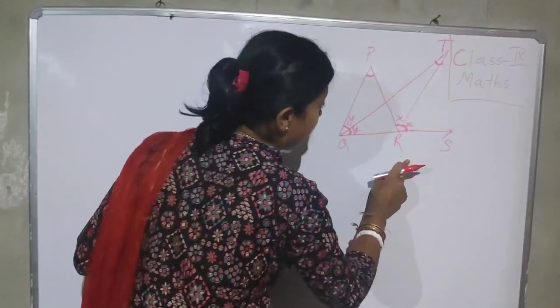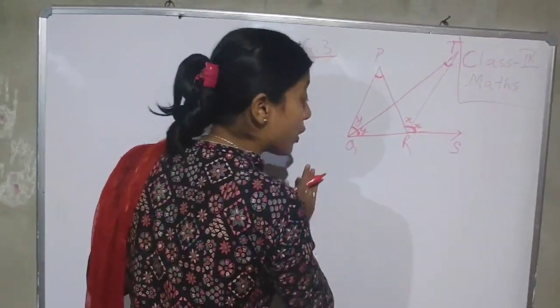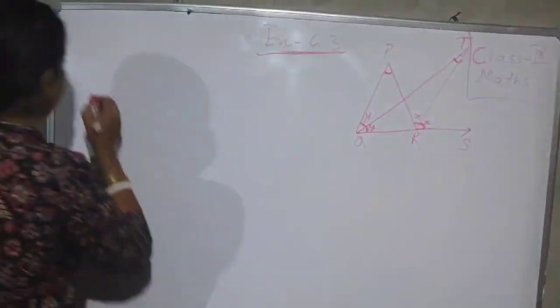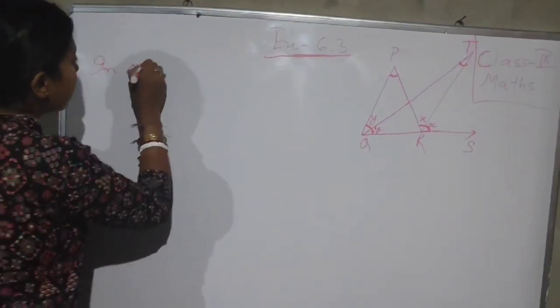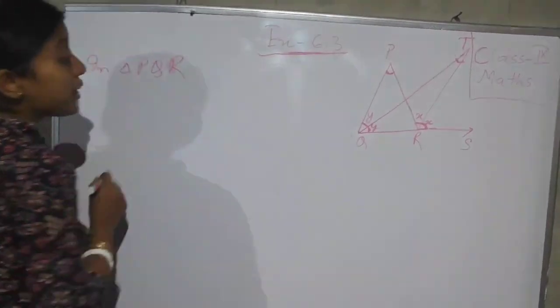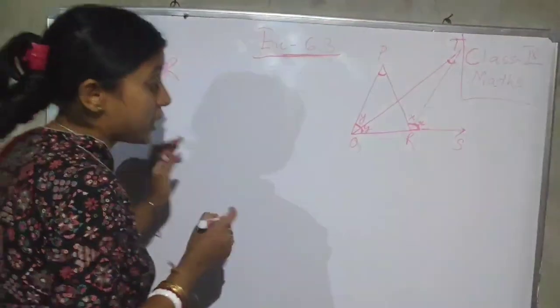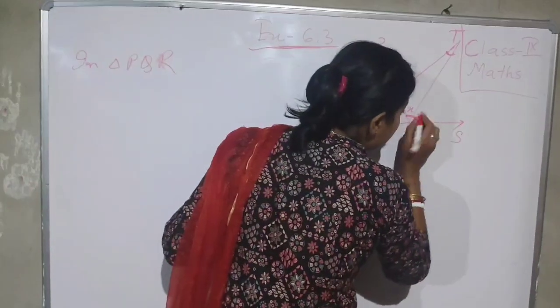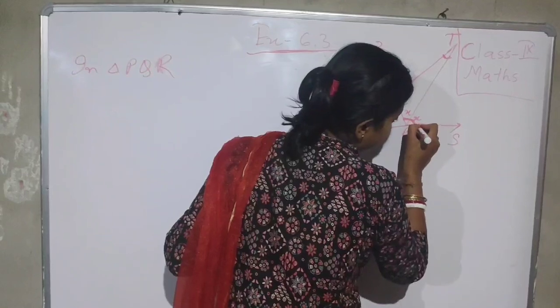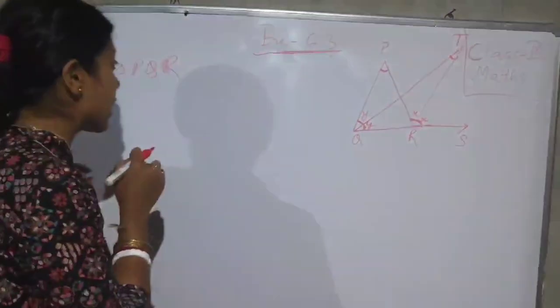Now in triangle PQR, we have taken angle QTR, now we will take angle PQR. In triangle PQR, you see 2x is your exterior angle.